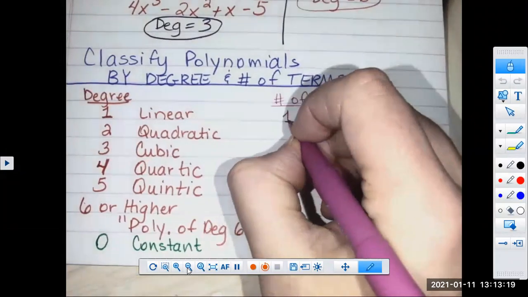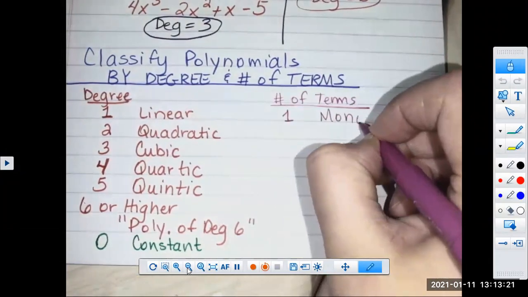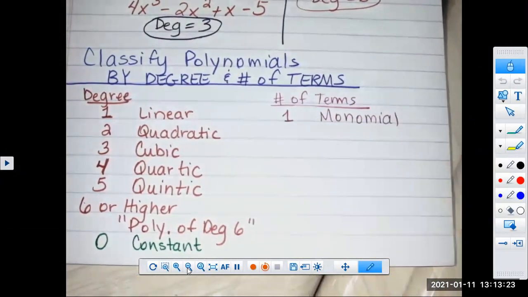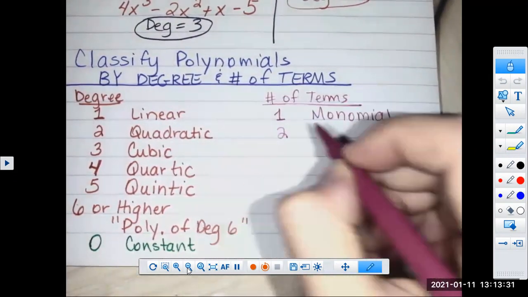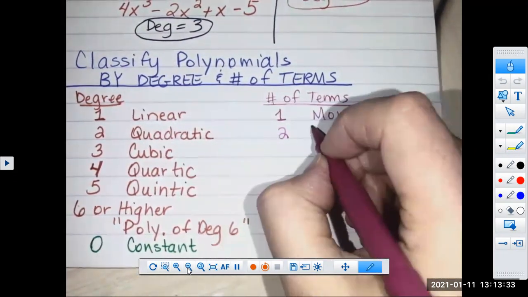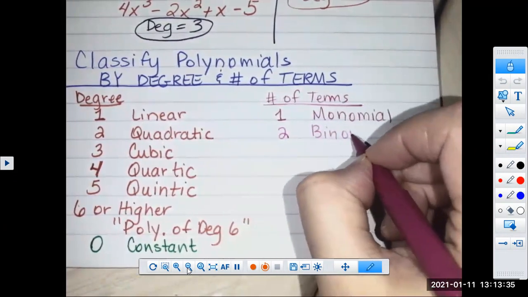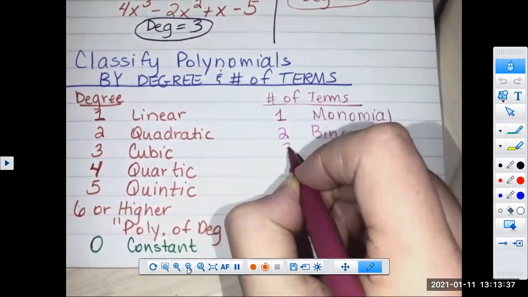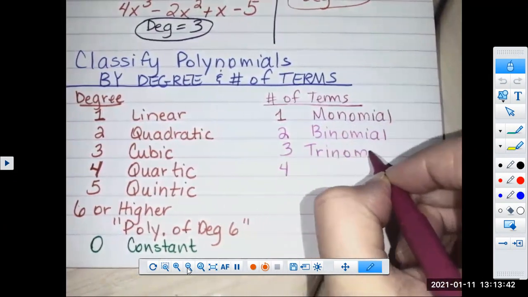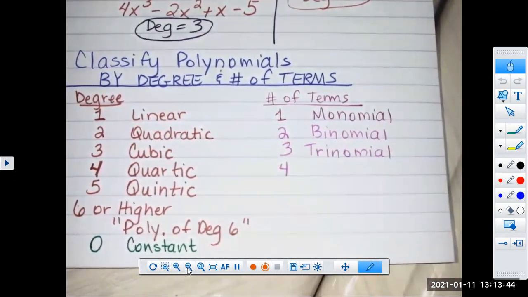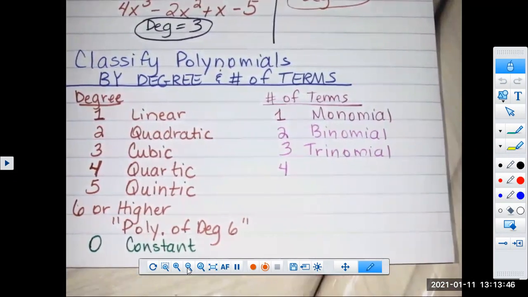One term, it is a monomial. If you have 2 terms, what is that called? Binomial. 3 terms? Trinomial. Remember us factoring binomials and trinomials in chapter 4? You guys love that so much.